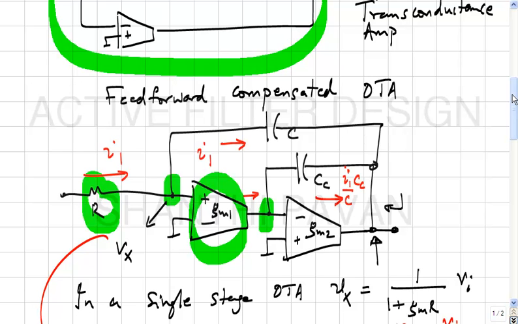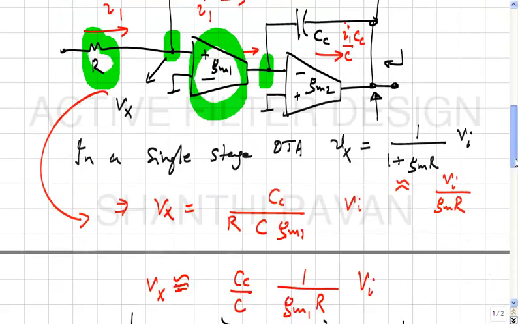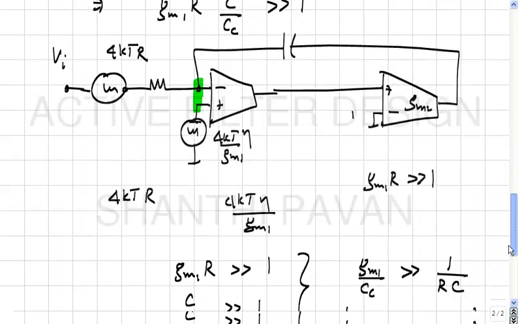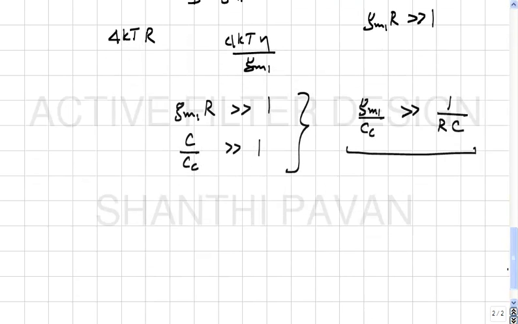And as this analysis shows, the unity gain frequency of the integrator, if you are interested in doing a good job, must be much smaller than the unity gain frequency of the op-amp. Okay, and this also indicates that you must choose Gm1.